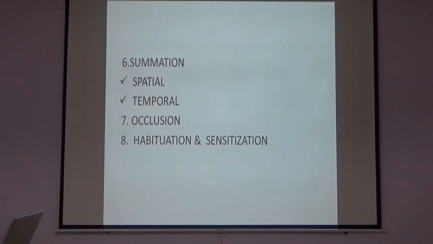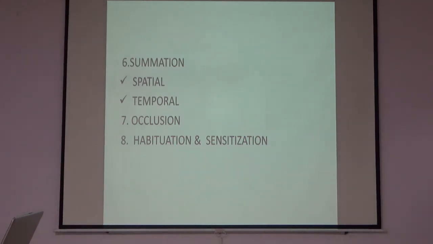What is habituation? Decreased response of a target neuron to an afferent stimulation when it is applied repeatedly. And what is sensitization? Increased response of the target neuron to afferent stimulation when the stimulus is applied repeatedly. So in habituation there is a decreased response, while in sensitization there is an increased response to a stimulus applied repeatedly.